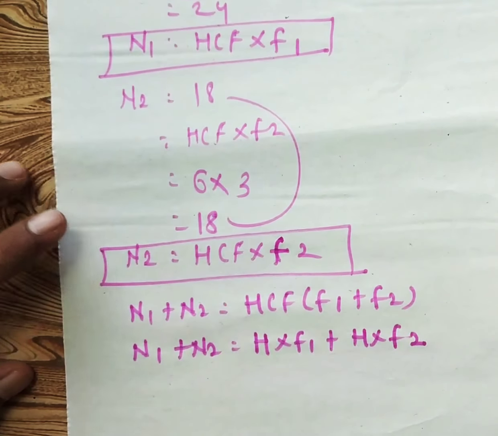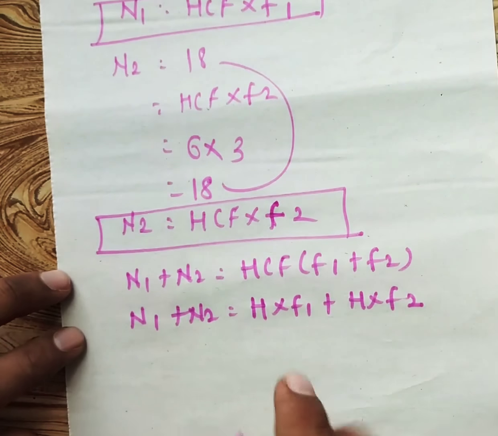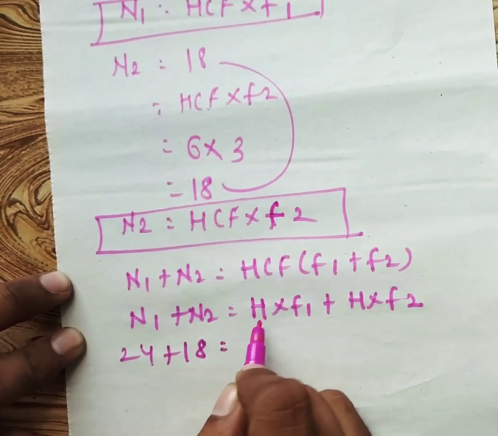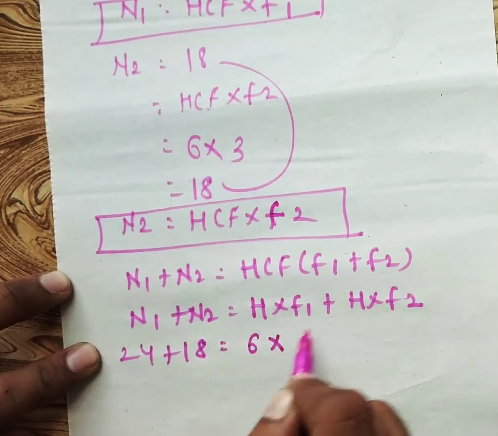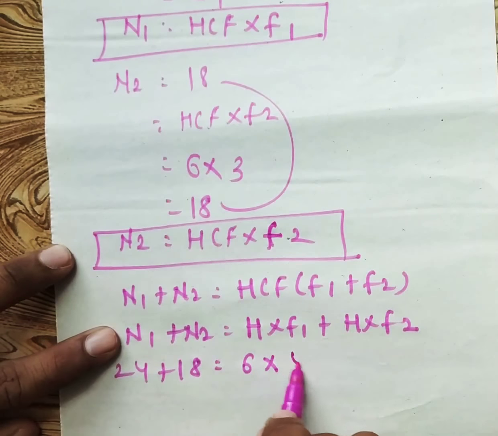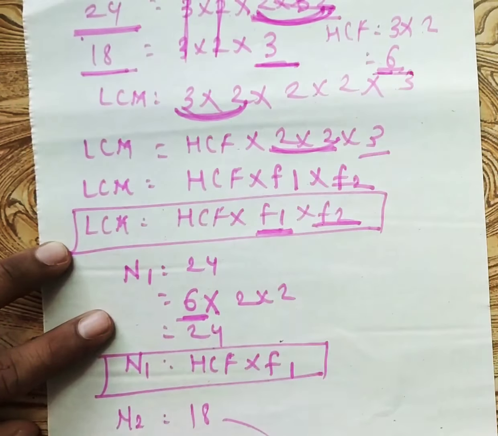You can check it. We know that the two numbers were 24 and 18, the HCF was 6, and factor 1 was 2 into 2, which is 4.